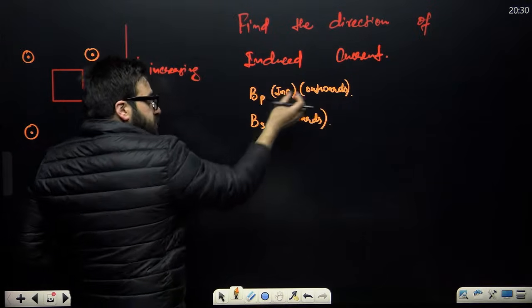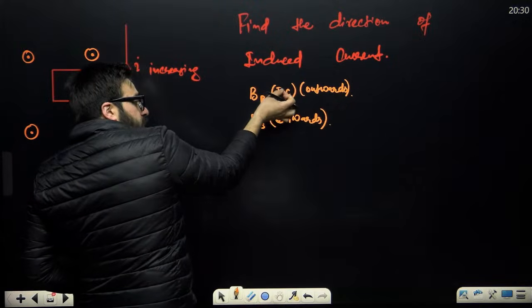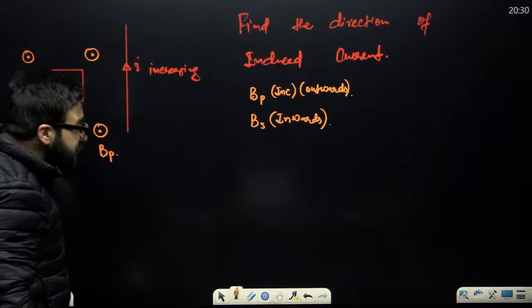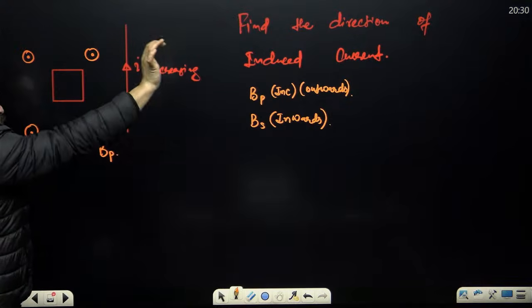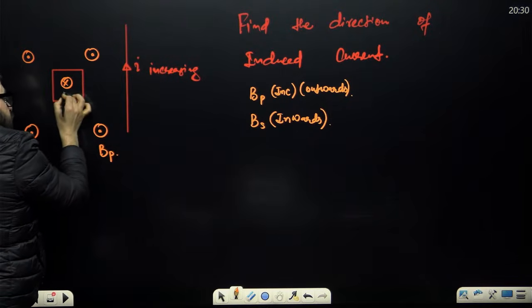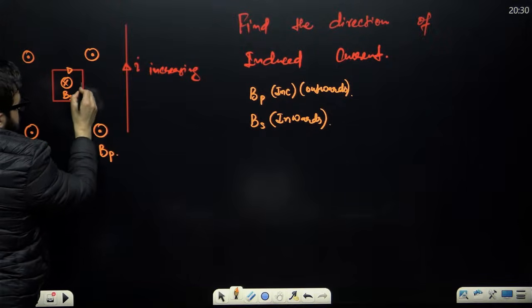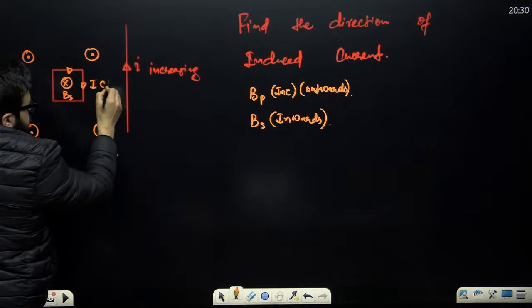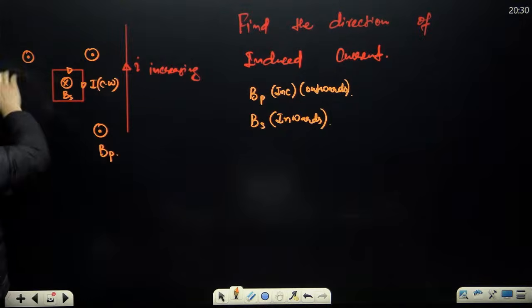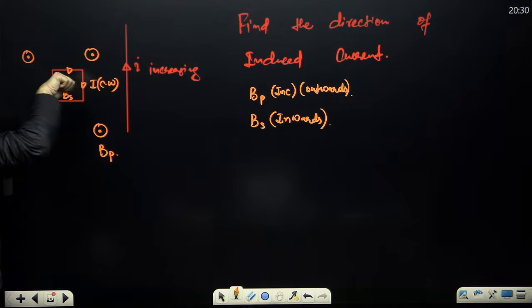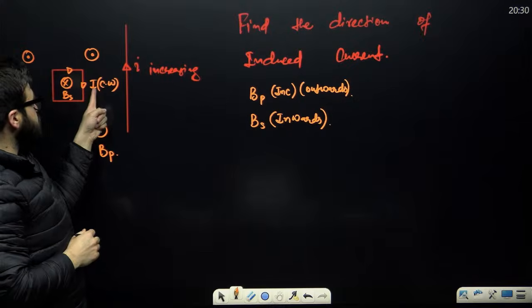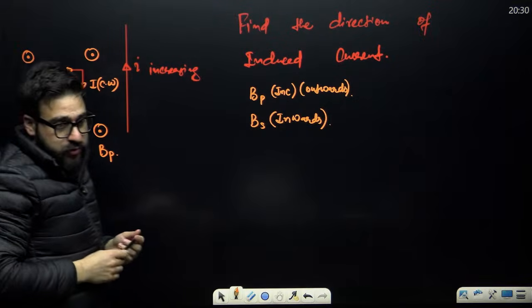That is only possible if the direction of the current in this case is, I would say, clockwise. So curl your fingers along direction of current, thumb is pointing inwards. So because of this current, one more magnetic field is being produced which is inwards.